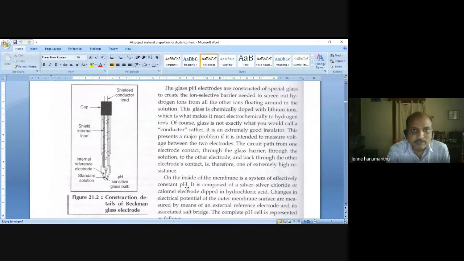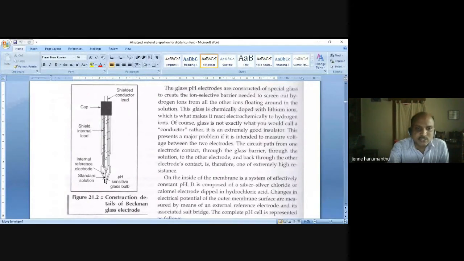On the top there is a shield conductor lead and a cap, and inside this shield there are internal leads provided, and at the end, just above the corner, we have to provide an internal reference electrode, and it is the standard solution we have to consider for any measurement.